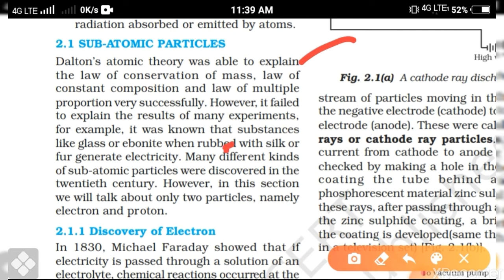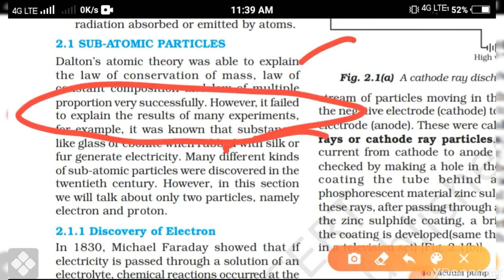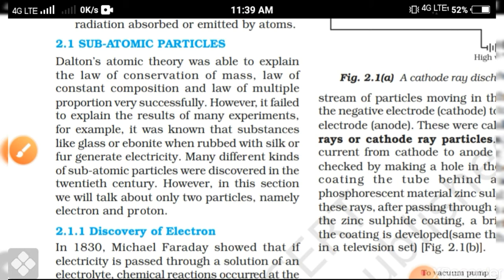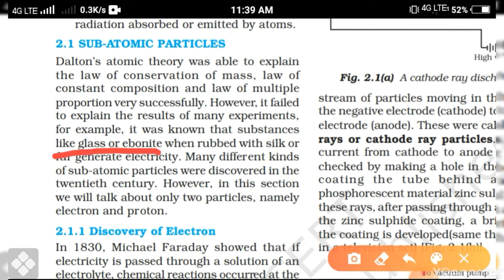But the theory failed to explain the results of many experiments. For example, it was known that substances like glass or ebonite, when rubbed with silk, generate electricity.